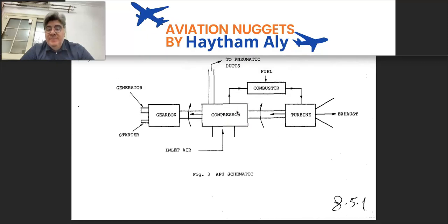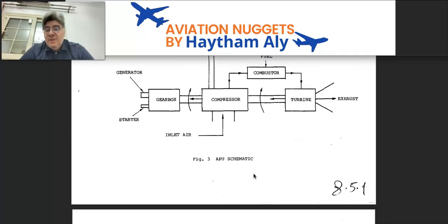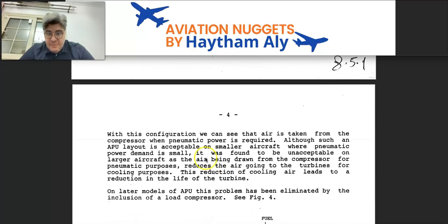Okay, everybody, you see here this schematic or layout, which is one compressor for the power section that also plays the role of load compressor. This layout is for a small APU with a small pneumatic load demand. It was found to be unacceptable on large aircraft, as the air being drawn from the compressor for pneumatic purposes reduces the air going to the turbine for cooling purposes.